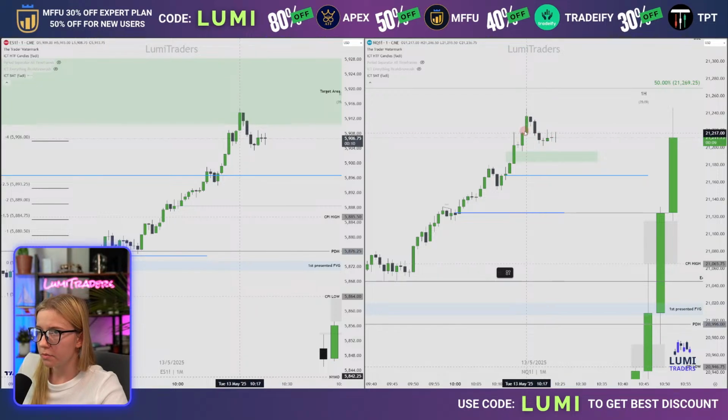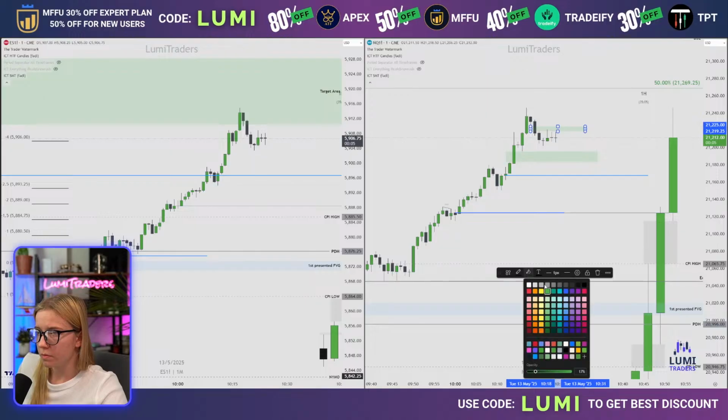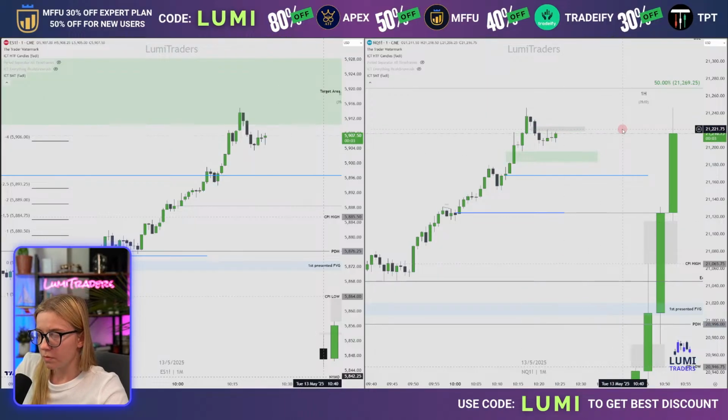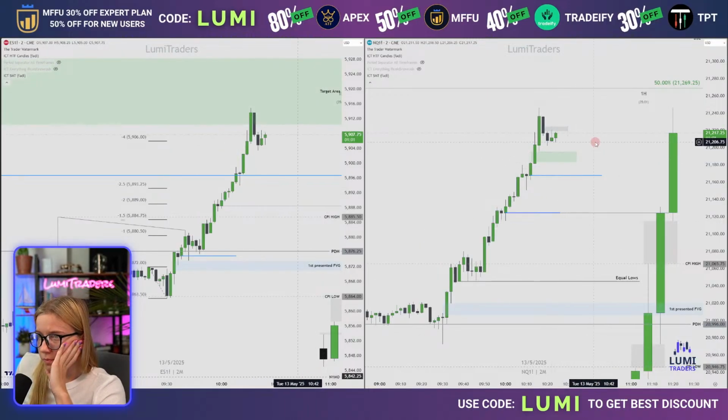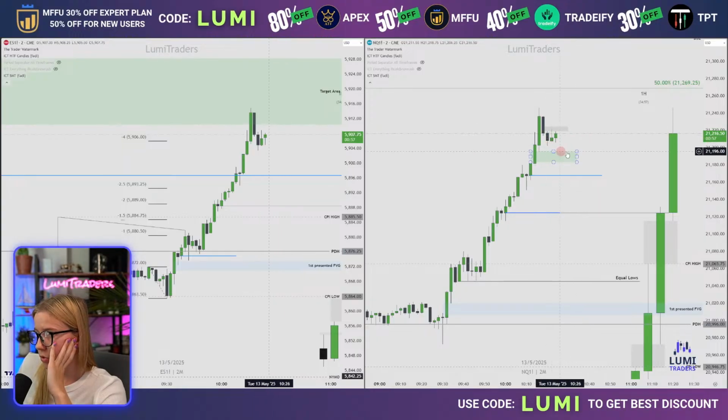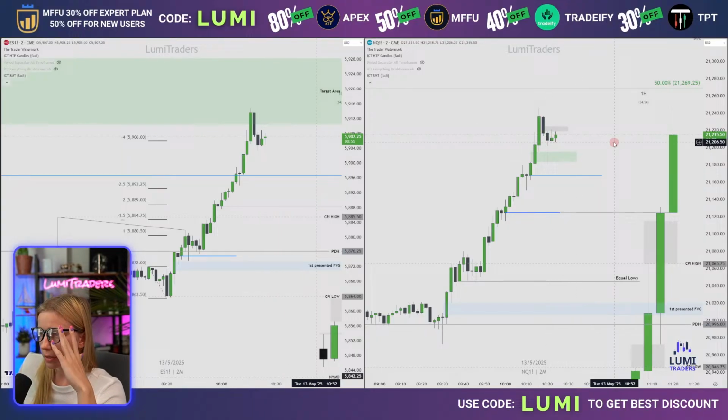We got BPR. Price trade into the BPR on 1-minute chart. We don't have any order blocks even on 1-minute chart yet.